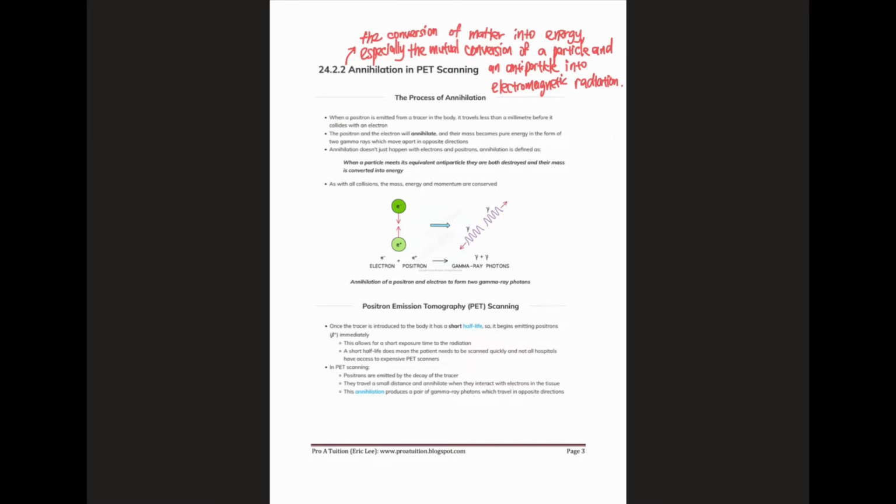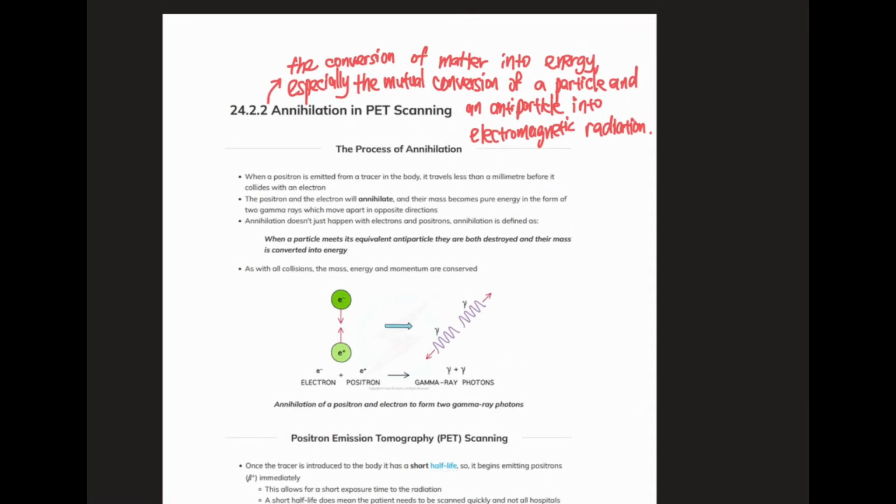For example, let's say the particle is the positron and the antiparticle is the electron. The positron and electron collide, and then the mass of the positron and the electron is converted into energy as gamma rays.